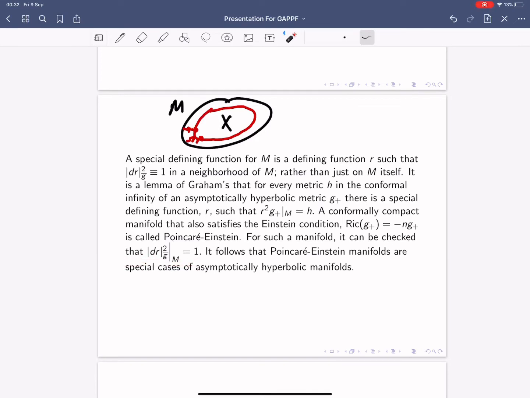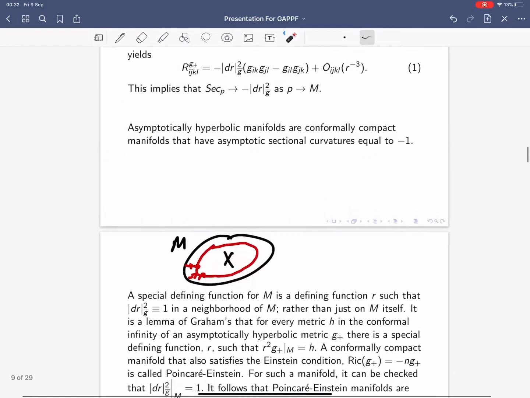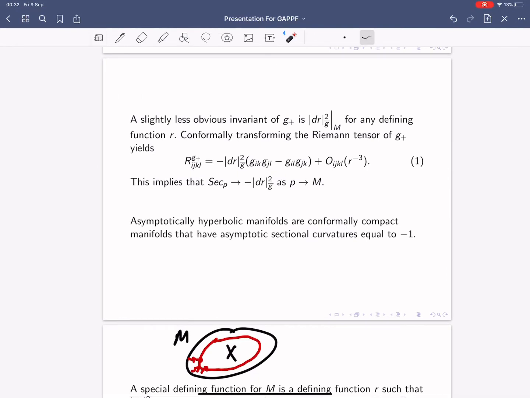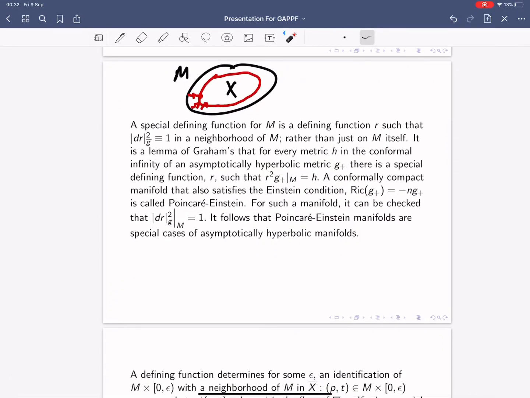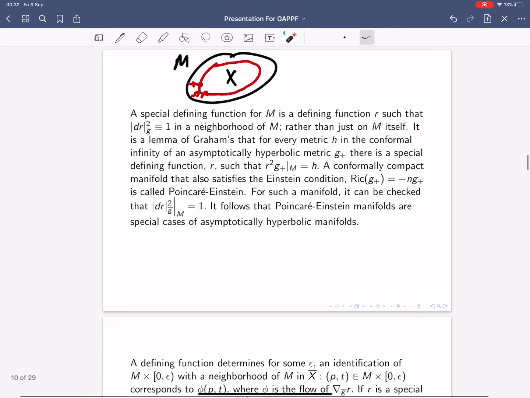So if you're Poincare-Einstein, you can check that by going back here and looking at this equation. So it follows that Poincare-Einstein manifolds are special cases of asymptotically hyperbolic manifolds.